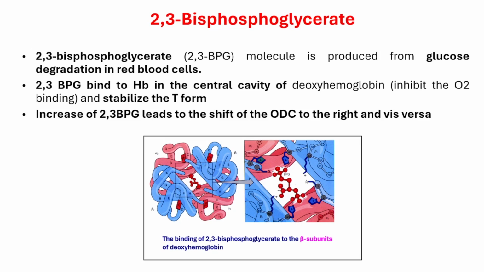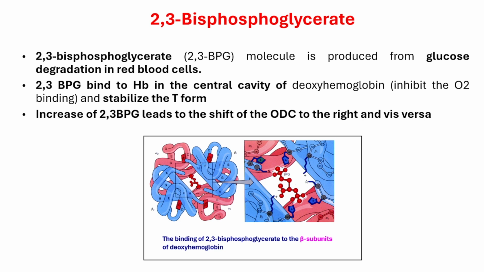My second allosteric effector is called 2,3-bisphosphoglycerate. 2,3-bisphosphoglycerate is a metabolic molecule which is released by the erythrocytes, the red blood cells, during the degradation of glucose. When the glucose is degraded in the RBC, they release a molecule called 2,3-BPG.